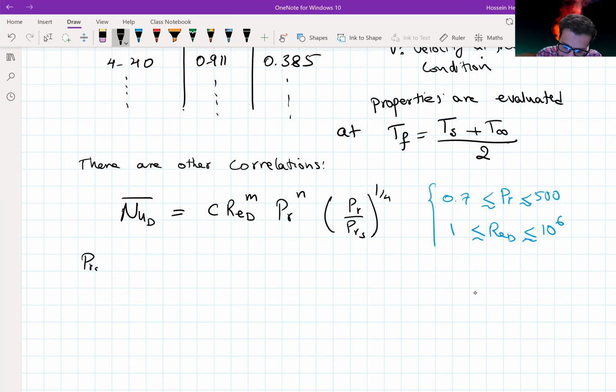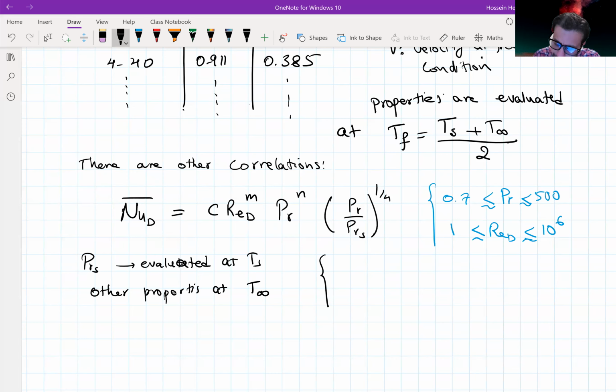Prandtl_s is evaluated at T_s and other properties at T infinity, so we do not really use the film temperature. Now, for the value of n, if Prandtl is less than 10, then n is 0.37, and if Prandtl is greater than 10, then n is 0.36. So this is one correlation.